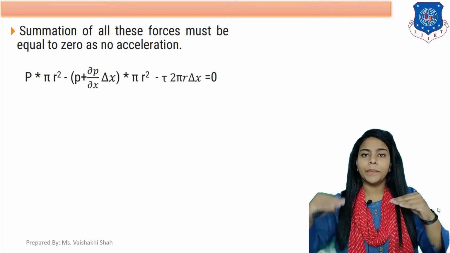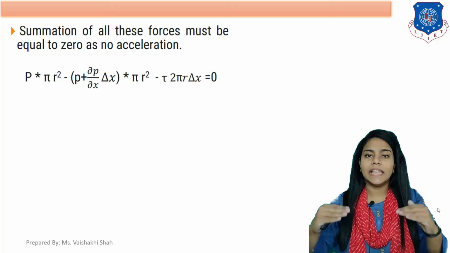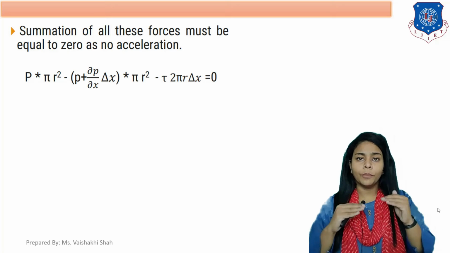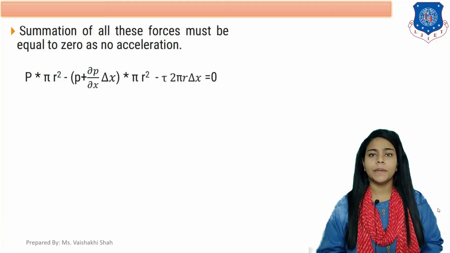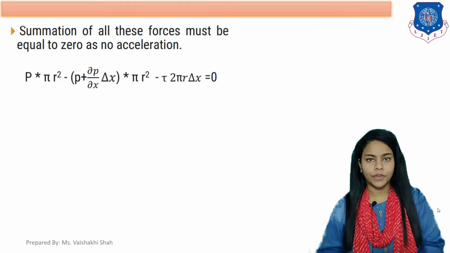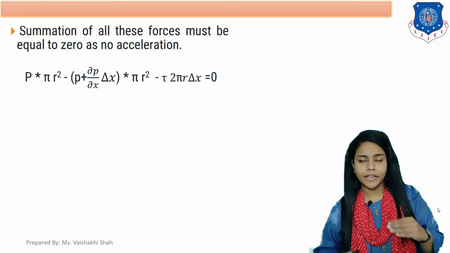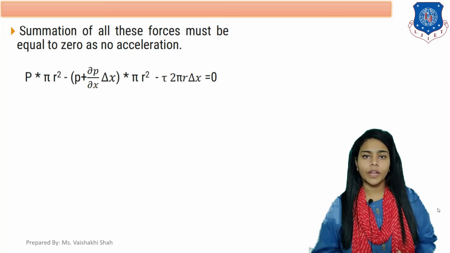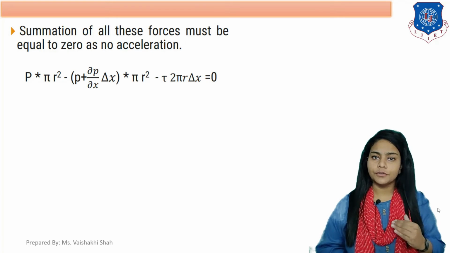So pressure P is positive and the pressure on CD we take as negative. So P into pi r square minus P plus del P by del x into delta x into pi r square, minus the third force, which is also in the negative direction, tau into 2 pi r into delta x, equals 0.